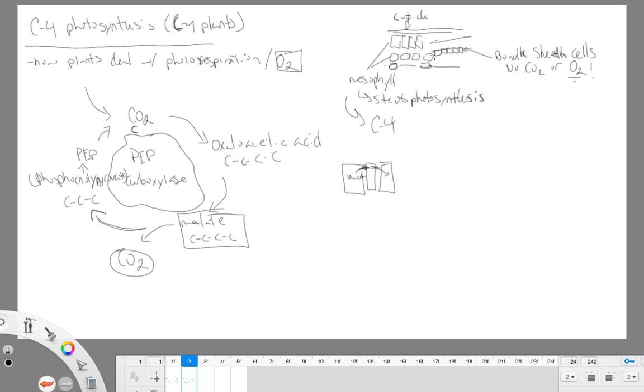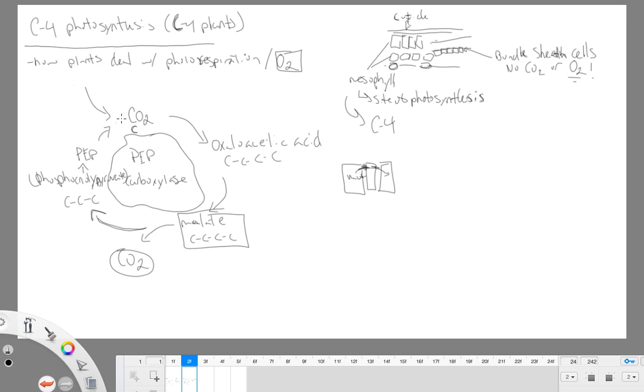But here, we now have an environment within our bundle sheath cells that only has carbon dioxide. And now we can do normal C3 Calvin cycle photosynthesis here without having to worry about oxygen, right? And that's the whole purpose of this thing. We need to create an oxygen-free environment. And we can do that by using this malate.